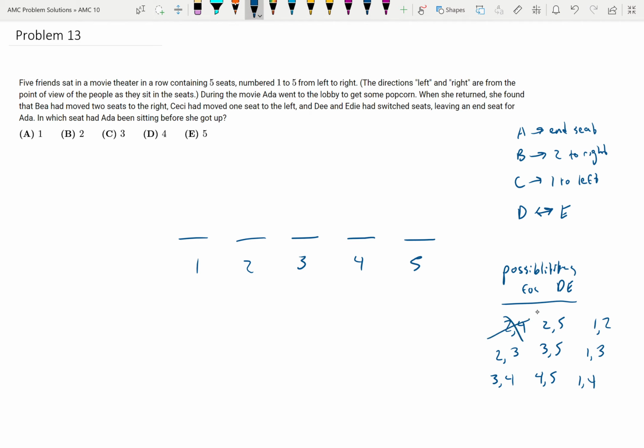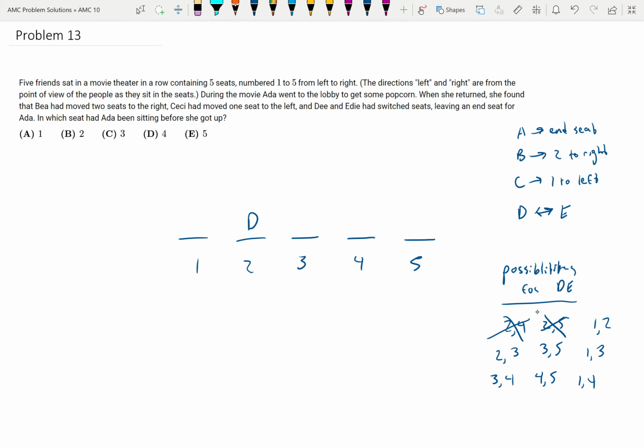Now 2 and 5, so D and E. C could go 1 to the left here. C would have to go here, and B would have to go there, to the right. Then A would go here, but that won't work because C is going to move here and B is going to move here. They're going to move to the same seat, so that won't work.